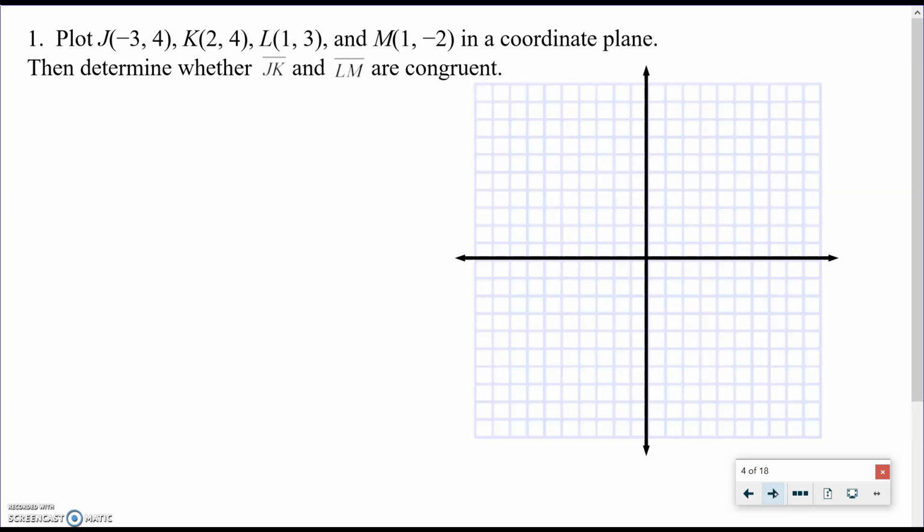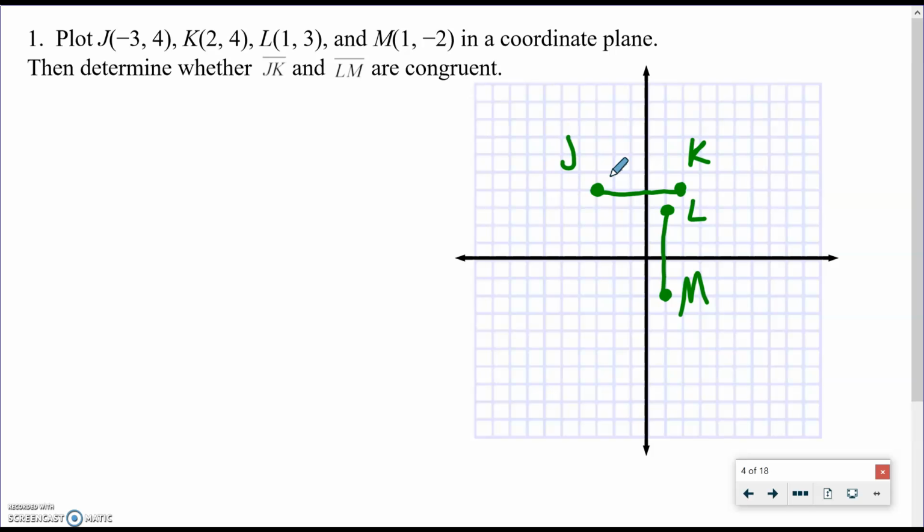We're going to use this graph to talk about congruent segments. So pause the video right now and graph segment JK and LM. Okay, now once you've graphed your two segments, segment JK and LM, we want to look at them to see if they're congruent.